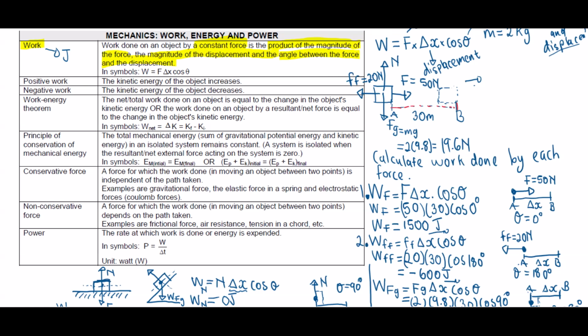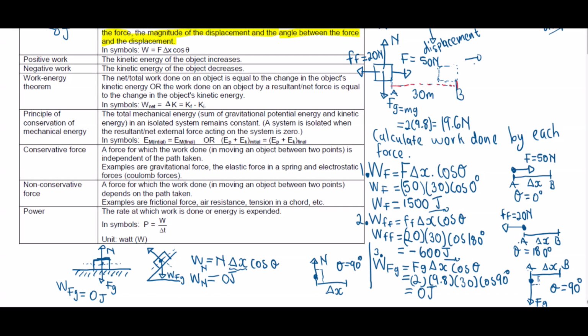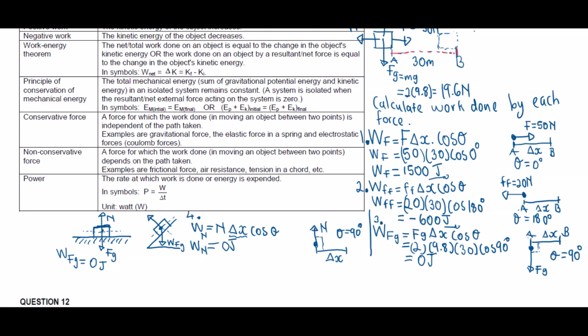The other one was number 3 there, which was the work done by gravity. Then number 4, which was obviously going to be zero in all the cases because the object will always have a normal force perpendicular to the displacement, right?